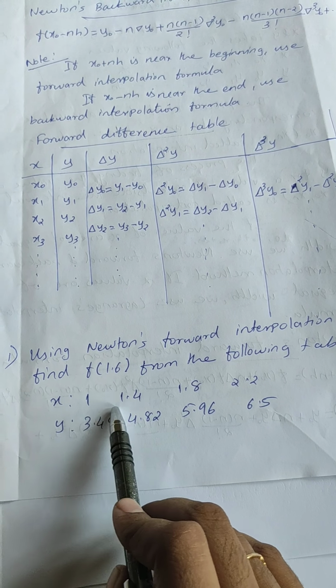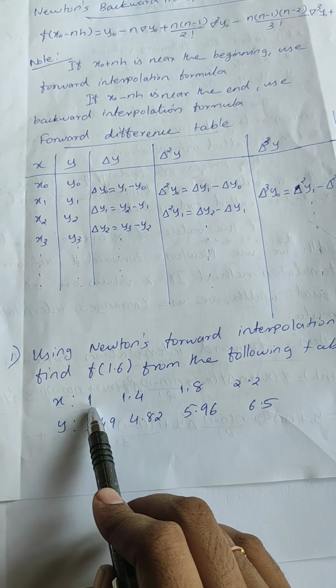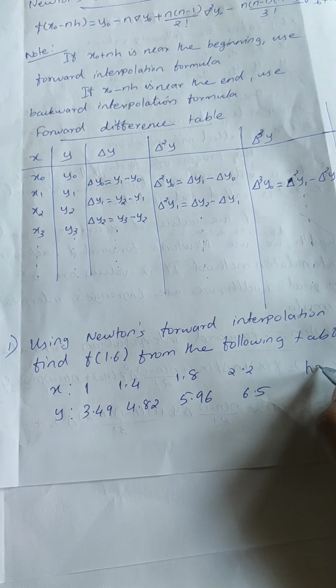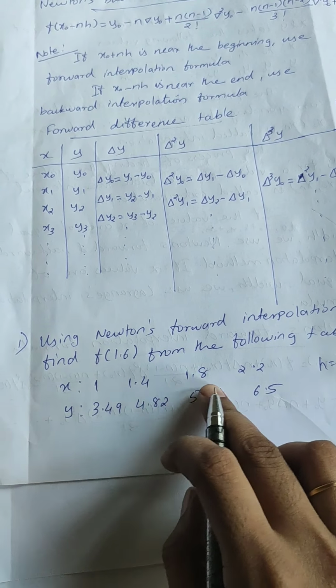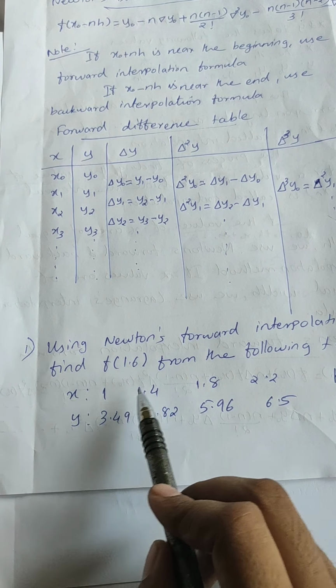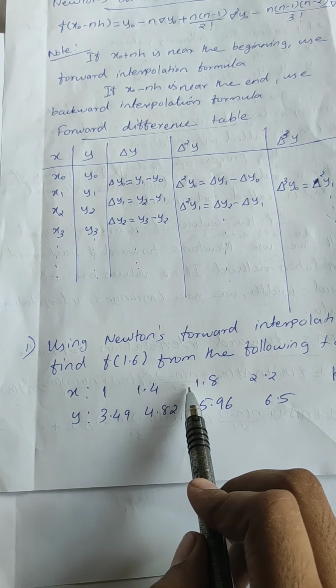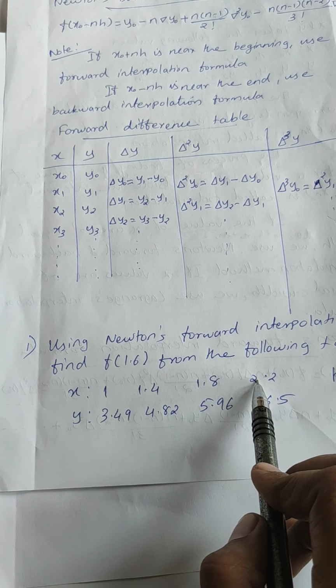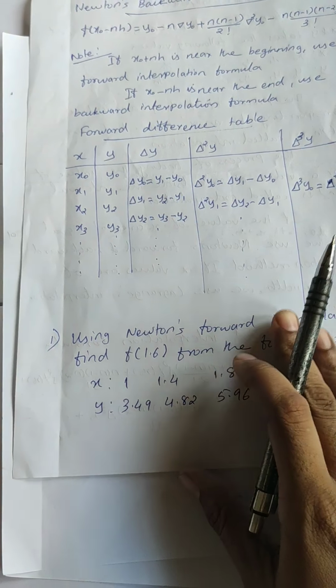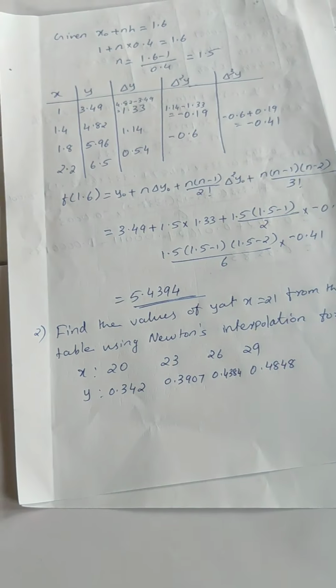Here the x values have equal width, 1, 1.4. So here h is equal to 0.4 width. We have to find f of 1.6. Here 1.6 lies in the interval 1 and 2.2. We have to use Newton's forward interpolation formula.